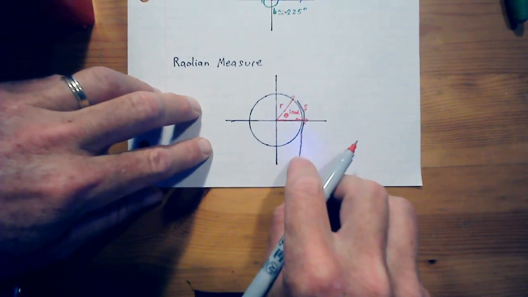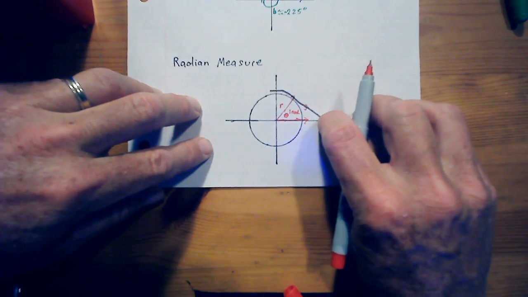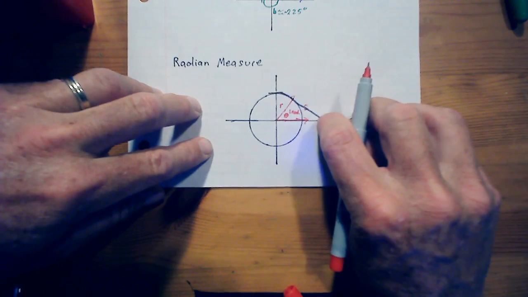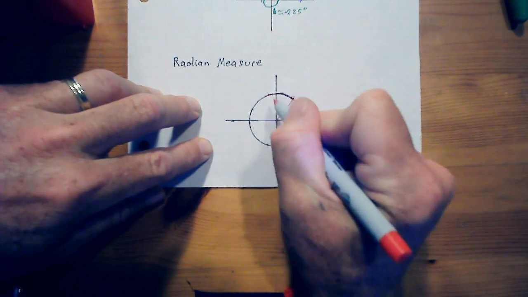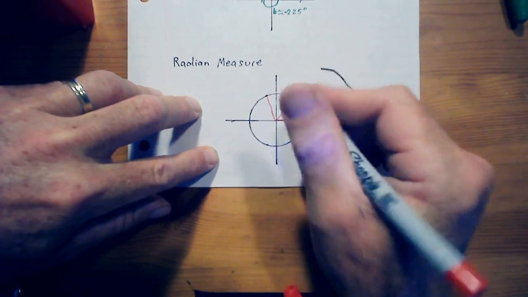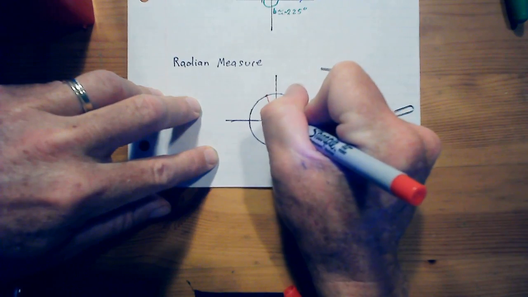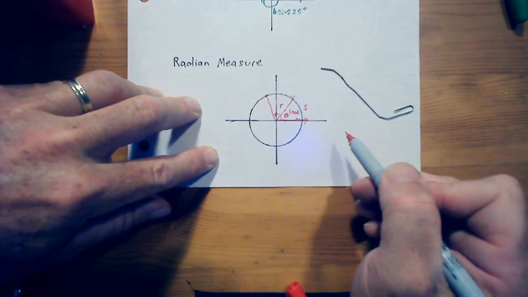I could keep wrapping this around again, and I can get there. Let's see if I can get a good angle there. There we go. And this angle would be 2 radians.